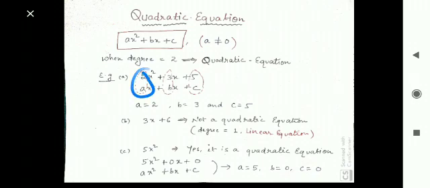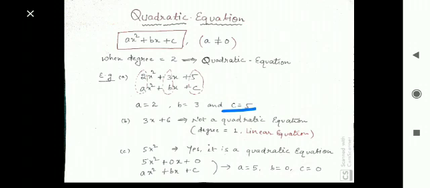See here, x square and x square are there, so a is 2. Again see, x and x, so b is 3, and the value of c is 5. So a is 2, b is 3 and c is 5. And no doubt it is a quadratic equation in the form ax square plus bx plus c. So in this manner we can find what a, b and c are.